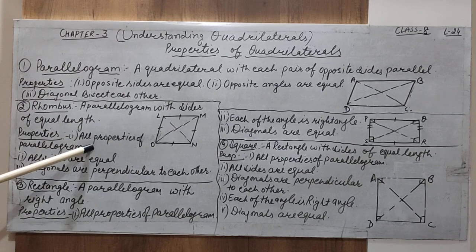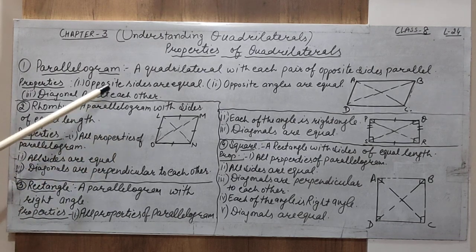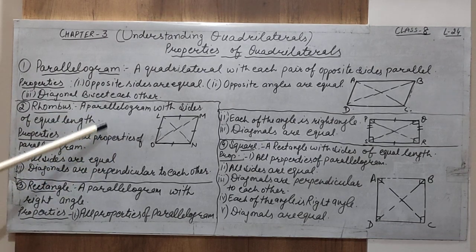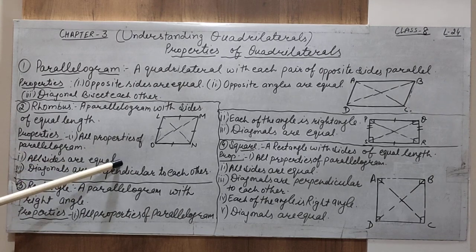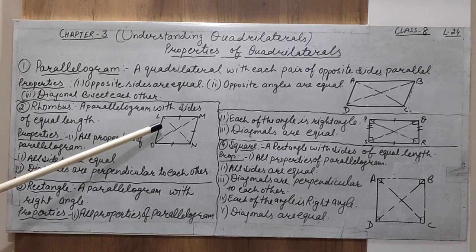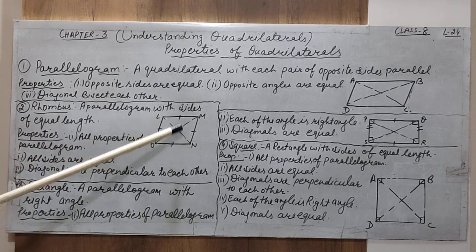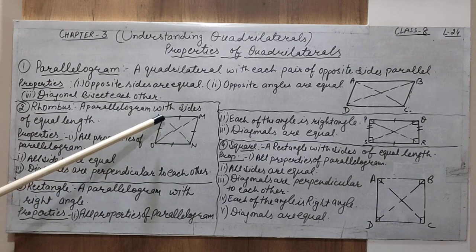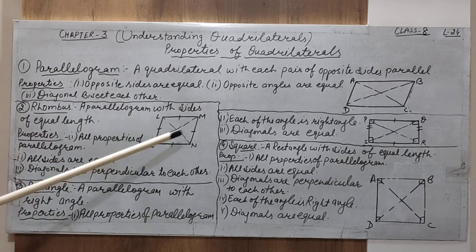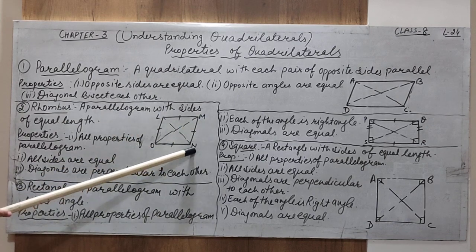Second, the sides are equal; the first property changes in the rhombus so that all the sides are equal. If all the sides of the rhombus are equal, then its opposite sides are automatically equal, that is, side LO is equal to MN.